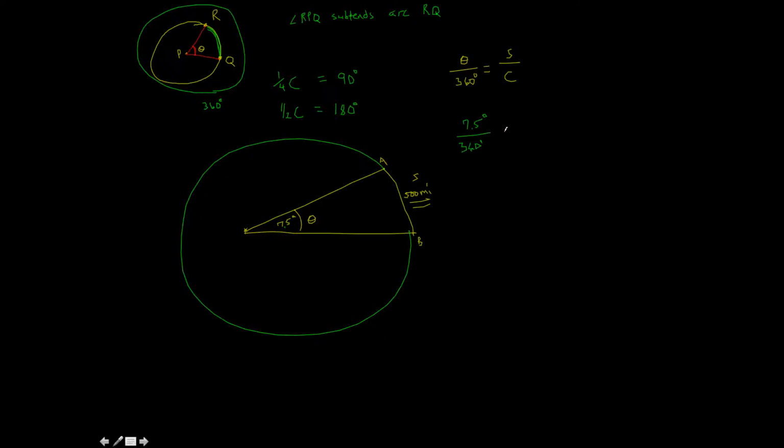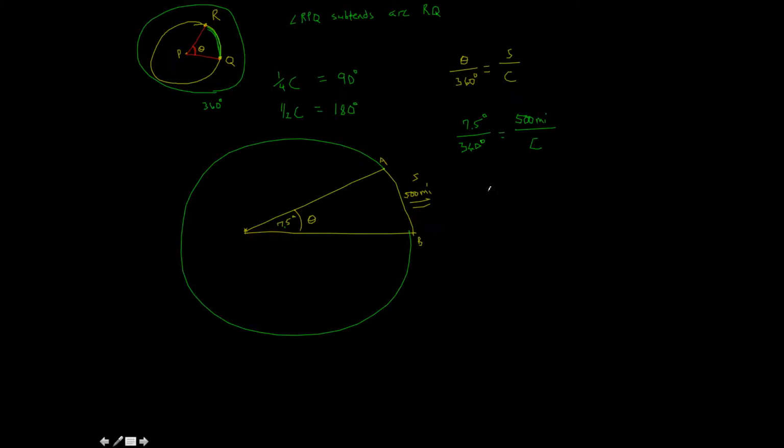We know our arc length is 500 miles. So we can find the circumference of the earth using this proportion. This little part is to the whole degrees, as this little part is to the whole circumference. So think of it like that.